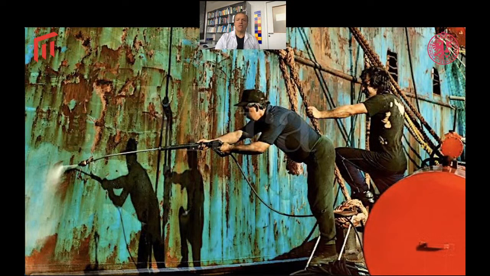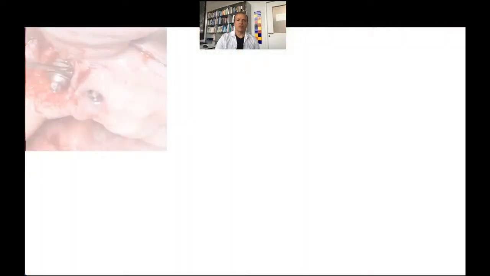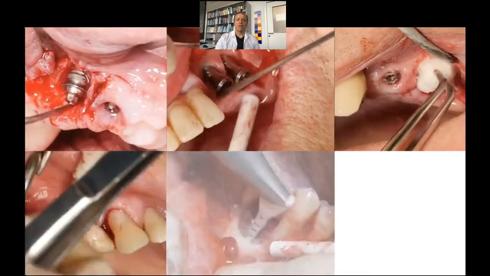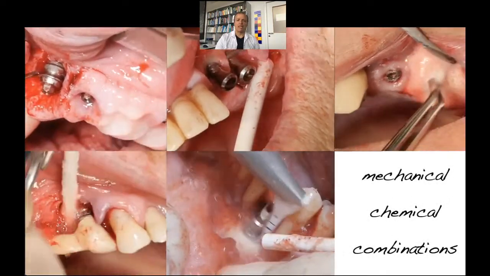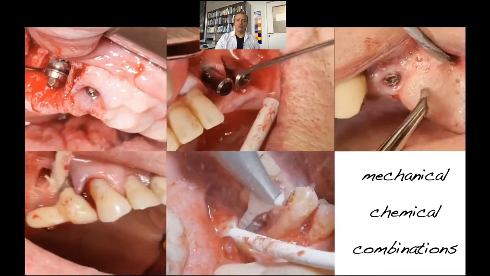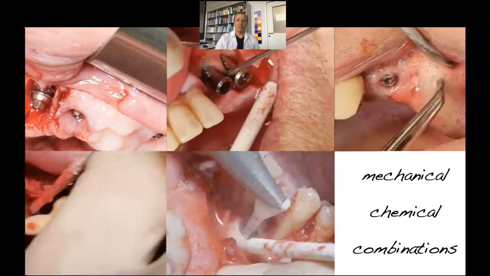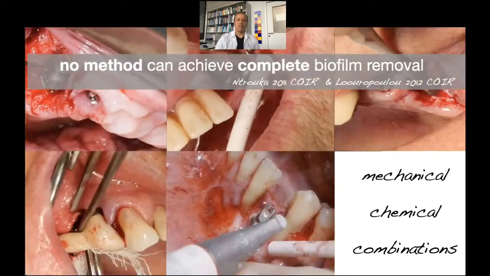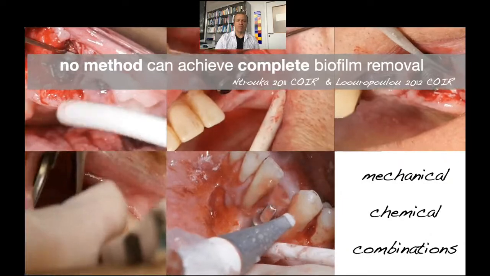Of course, one would say that the best outcome you will get is if you remove the biofilm completely from the implant surface. When we open up, we have different means to try to decontaminate the implant surface. We have mechanical and chemical means, just to make a gross distinction, but usually we talk about combinations. Now the thing is that no method can achieve complete biofilm removal.